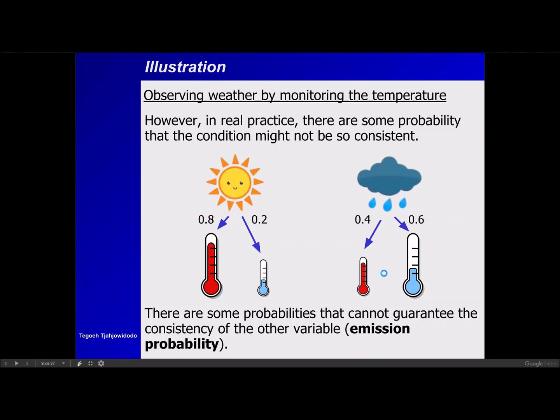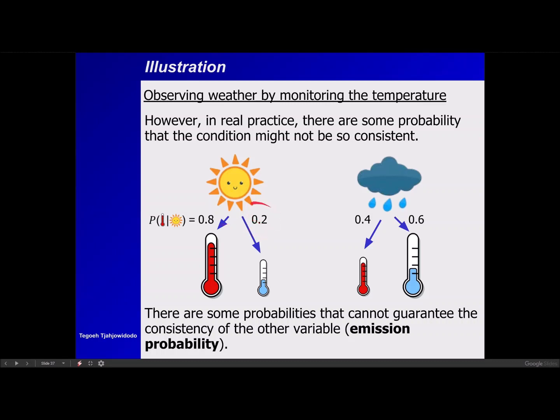In mathematical form, these probabilities, let's say this 80% chance of having a warm temperature given a sunny weather, we can formulate as the probability of warm temperature given sunny weather.